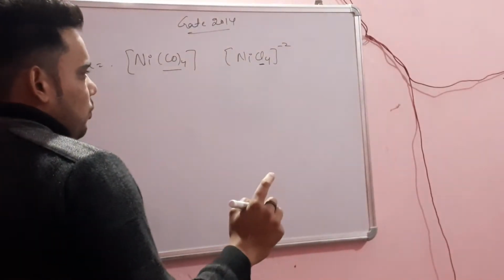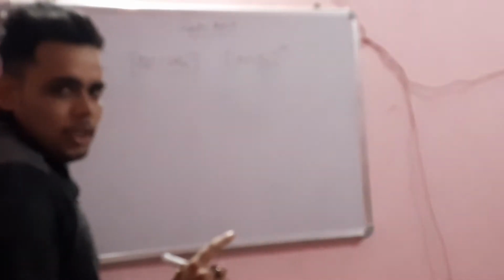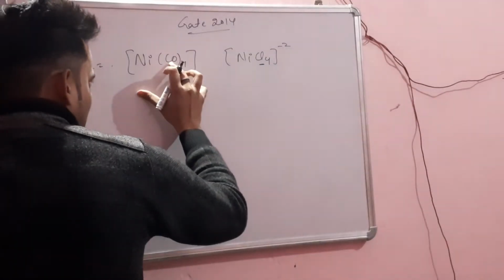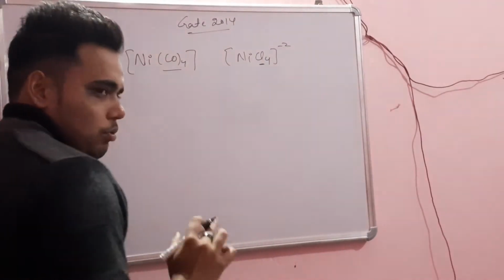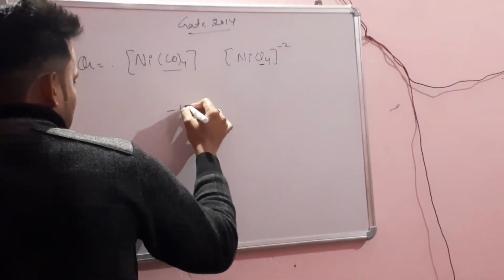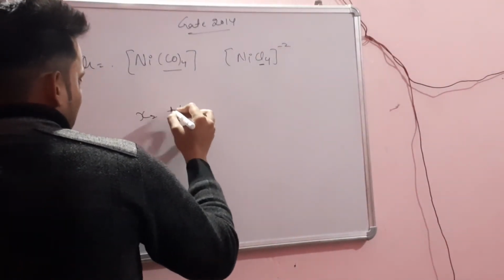You first have to figure out the oxidation state of the metal. Carbon monoxide has no charge on it. So it is X plus 0 equals 0.